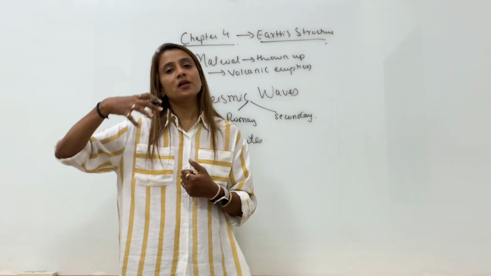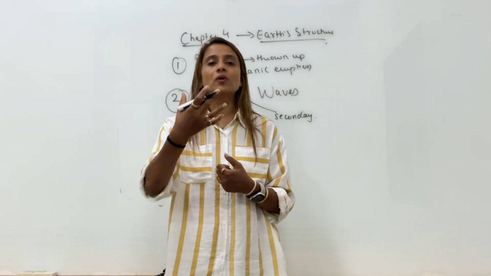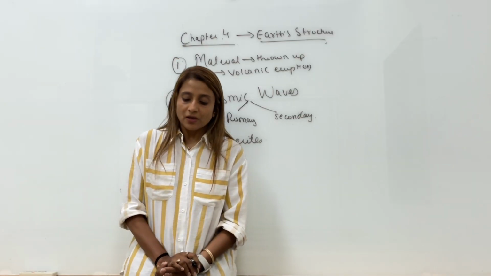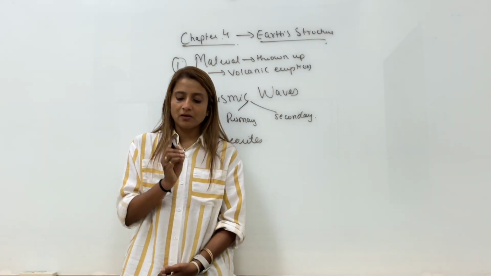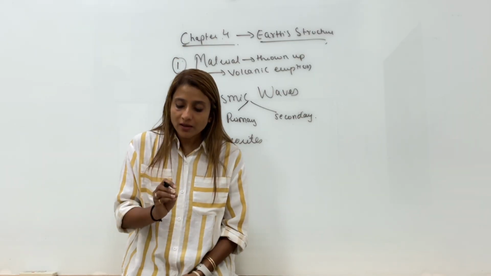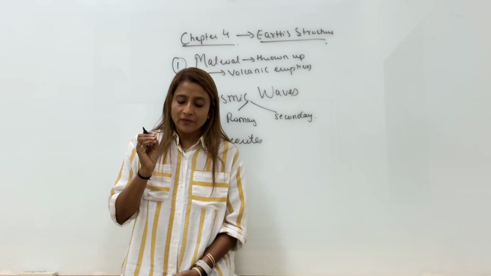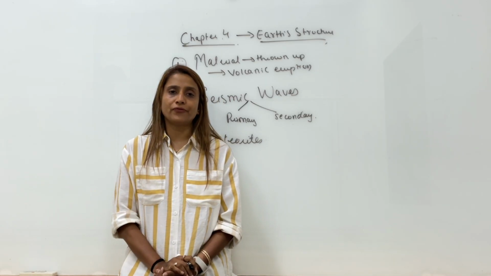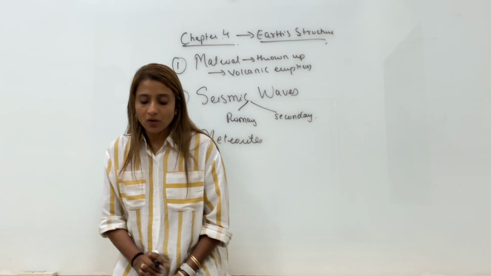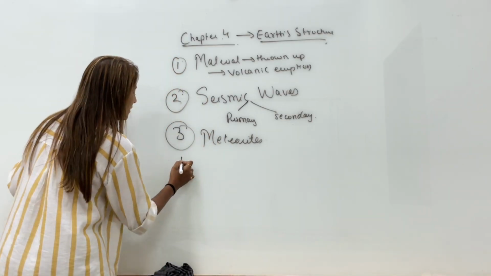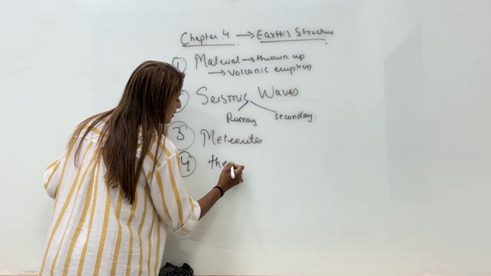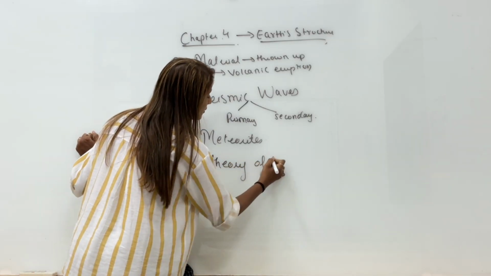In fact, it is said that Earth is constituted of the same material that meteorites are made up of. And also, our knowledge about Earth's interior is based on the theory of origin.